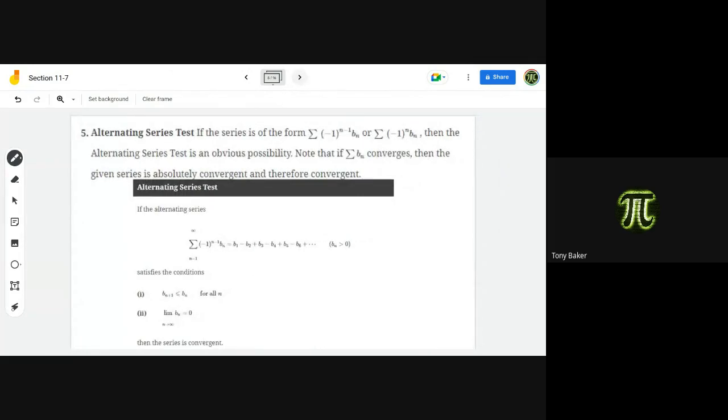Five is the alternating series test. This one works when it's alternating. So the first thing you have to be able to show when you're looking at the alternating series test is that it actually alternates. So we've looked at some examples in last class where they were kind of alternating, but they really weren't, with the trig functions.